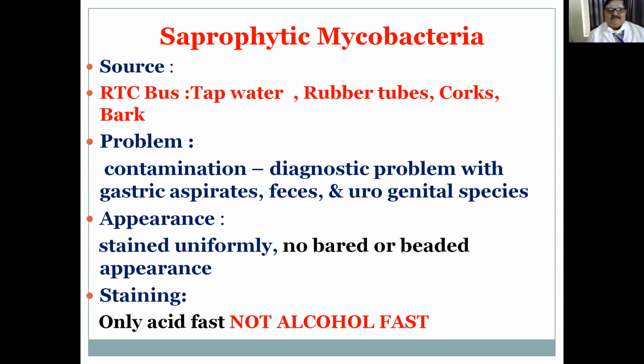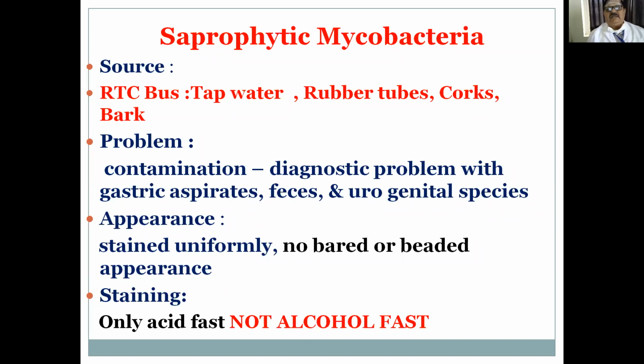These things do contain saprophytic mycobacteria. So tap water contains them, and if you wash with tap water, the saprophytic mycobacteria may cause diagnostic confusion. In gastric aspirates, feces and urinary specimens, there is a problem of saprophytic mycobacteria.